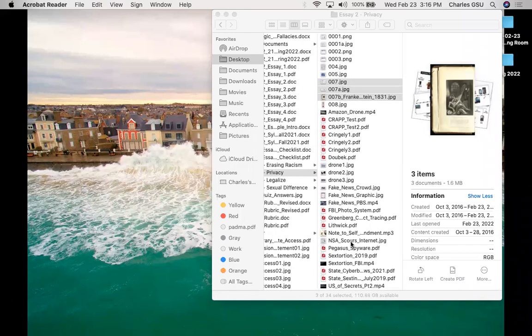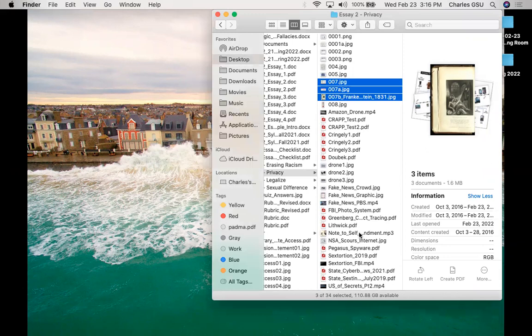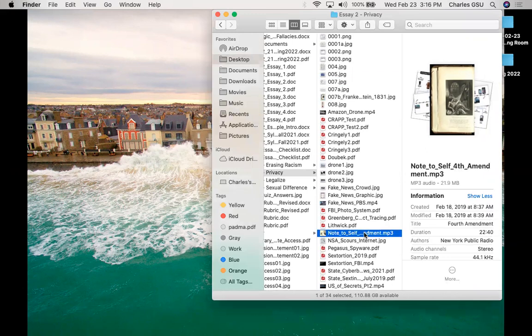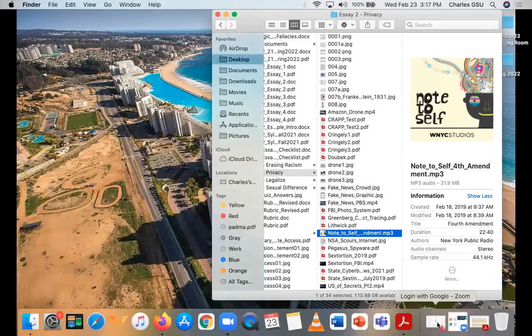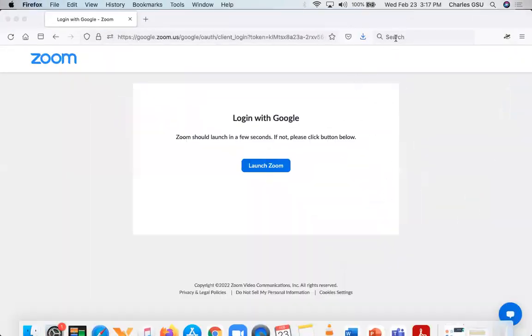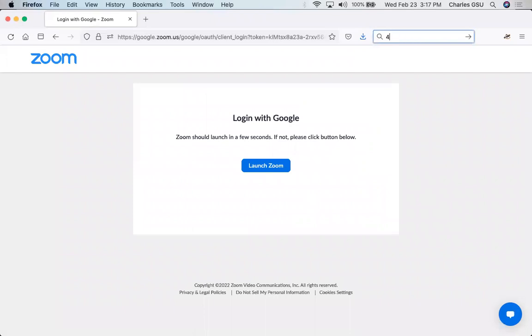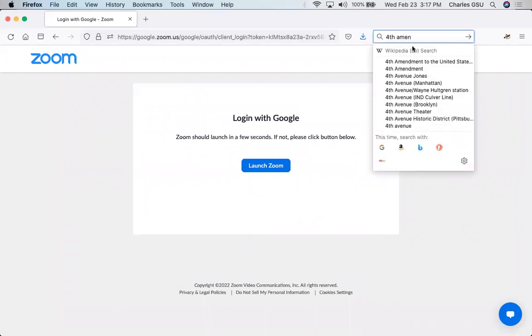Sure I have it in here. There's an entire interview about the Fourth Amendment in the folder, but let me just show you the text of the Fourth Amendment. That is the language.